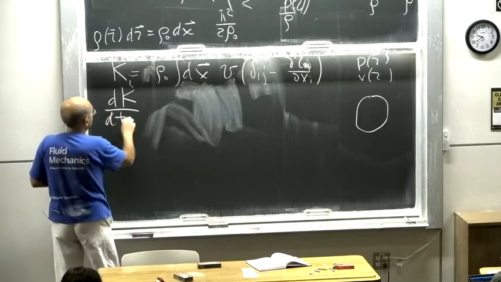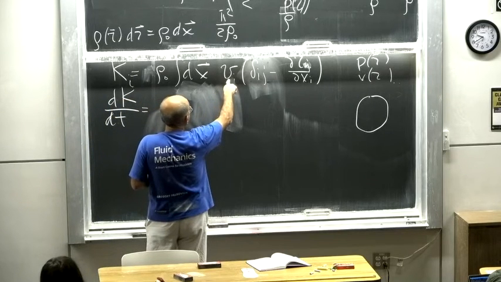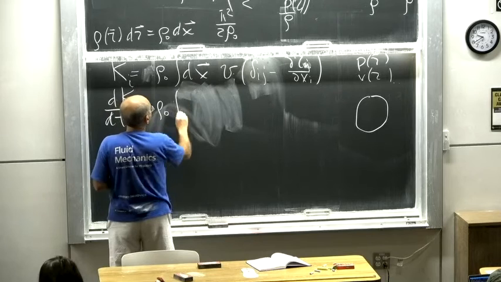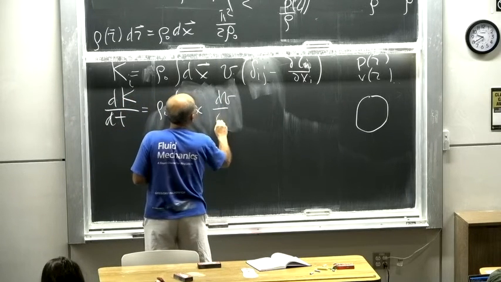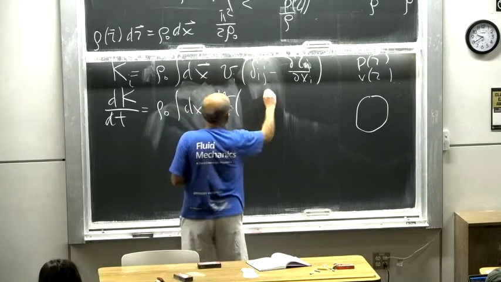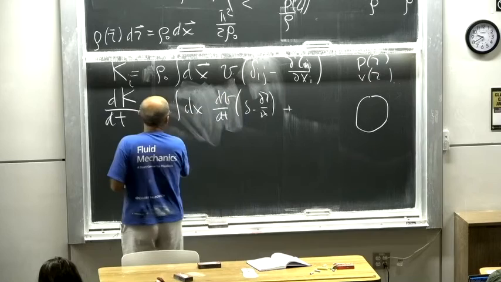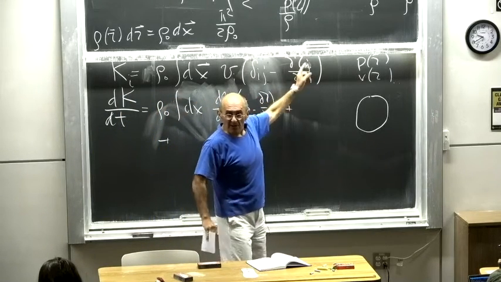When you differentiate this guy, you need to differentiate this with respect to time. So it will be rho naught integral dx dv dt delta minus dr dx, plus you would need to differentiate this, right?